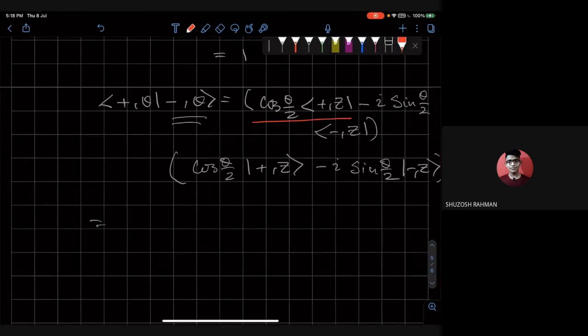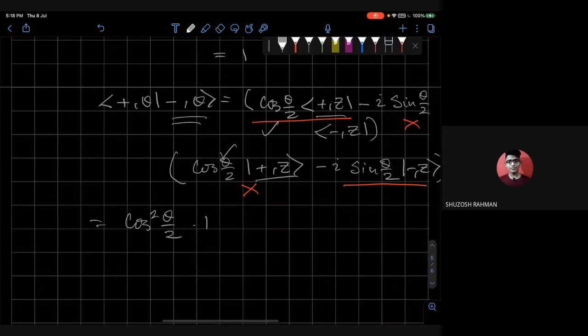This term will be orthogonal to this term, and this term will be orthogonal to this term. So you don't have to worry about those terms, but this term will multiply this term to give me cosine squared of theta by 2. This and this will give me 1. And then here I get plus minus minus, and then what do I get?